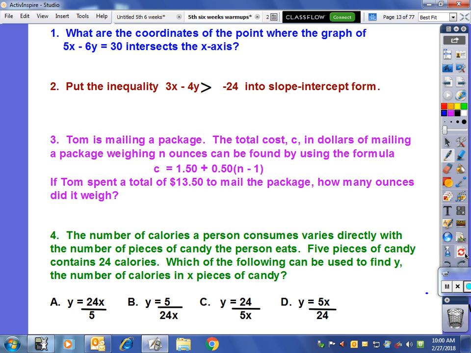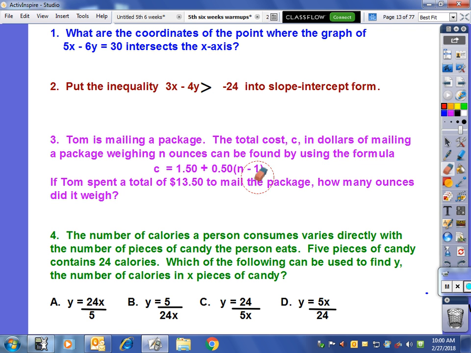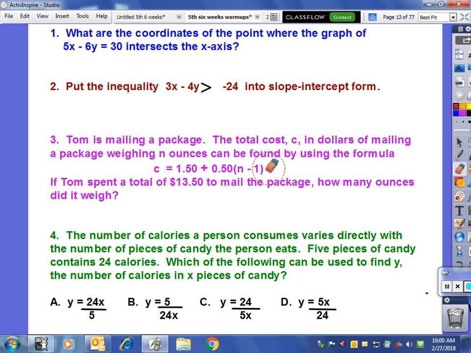So if you were looking at which statement is true, each ounce is not 50 cents. Each ounce after the first ounce is 50 cents. Do you see what I'm saying? And what if it had been this? Then each ounce after the 5th ounce is 50 cents. That's what's happening in this kind of problem.